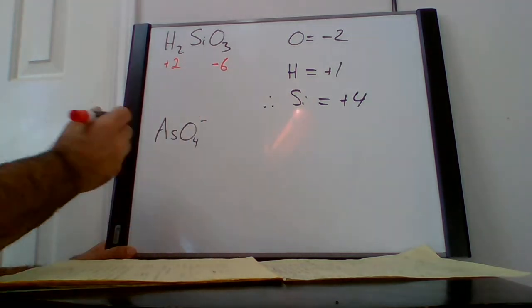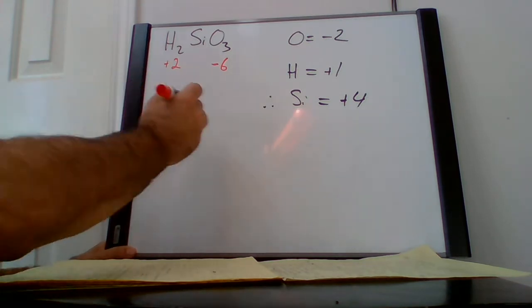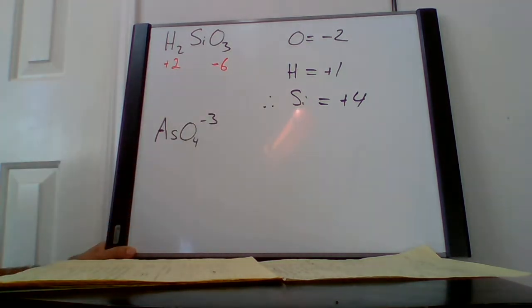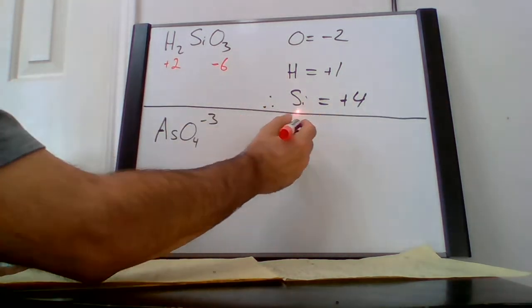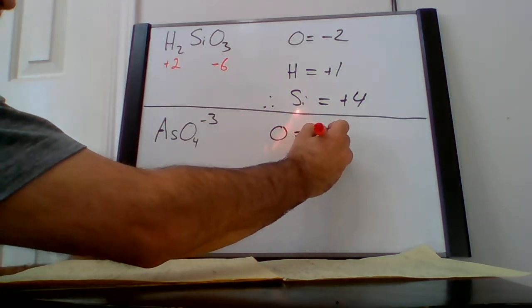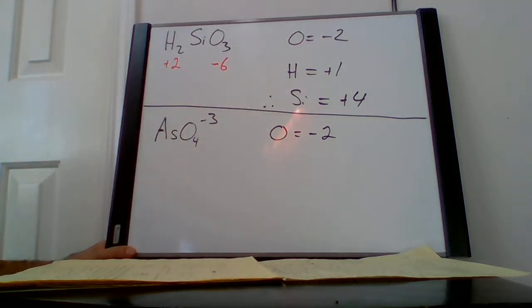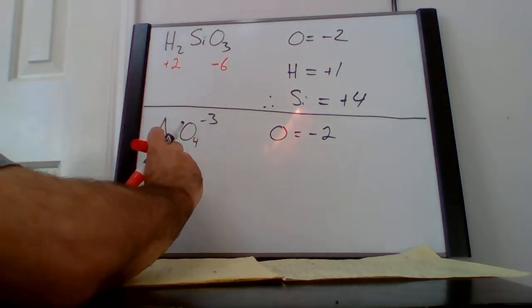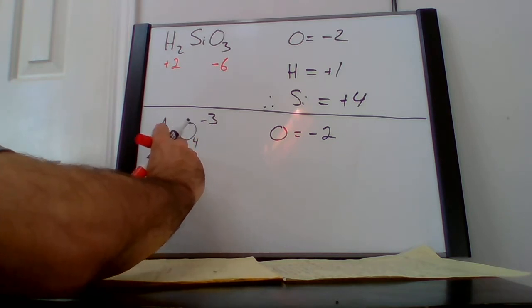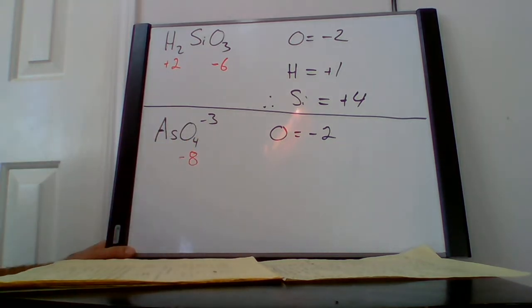So therefore, my silicon must equal a +4 to give me a total of 0 for this entire compound. Our second compound is AsO4 with a 3-. Once again, our oxygen has an oxidation state of -2. I have 4 of them, so the total charge on oxygens is -8.